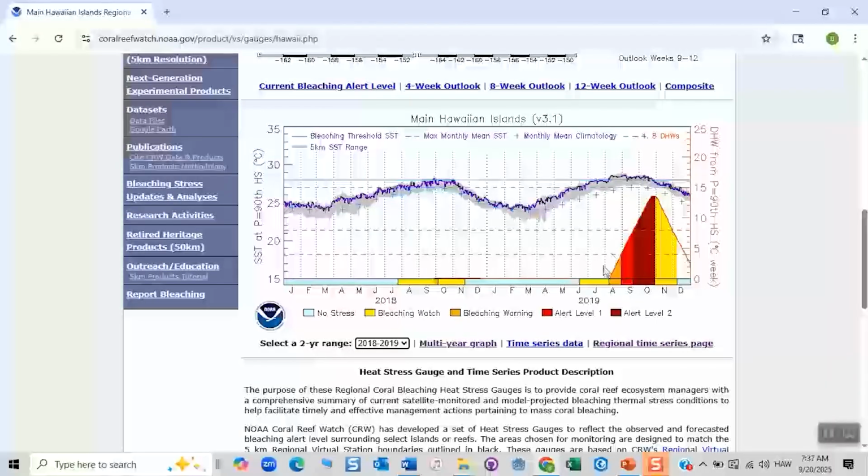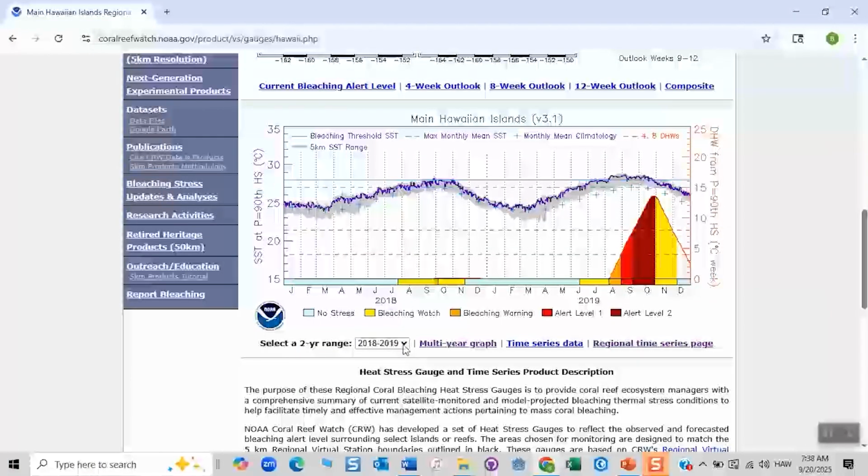If we watch the orange line as it peaks up, we get above 10, 11, 12, we're into 13 degree heating weeks up here. Here's our scale. So that shows you we had some bleaching mortality occurring, and here's the graphical analysis of it.